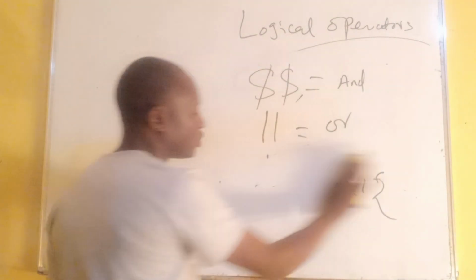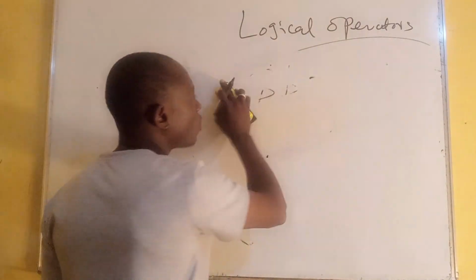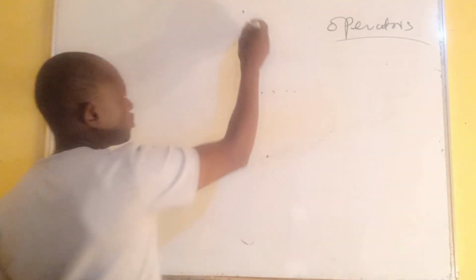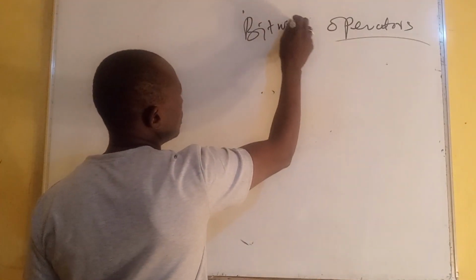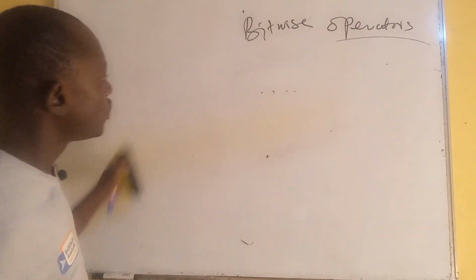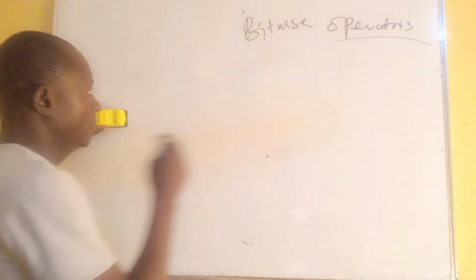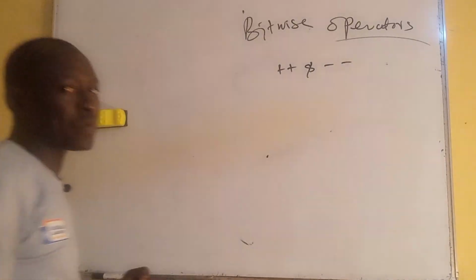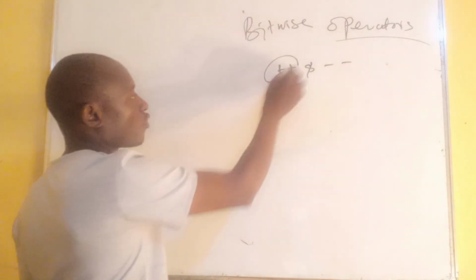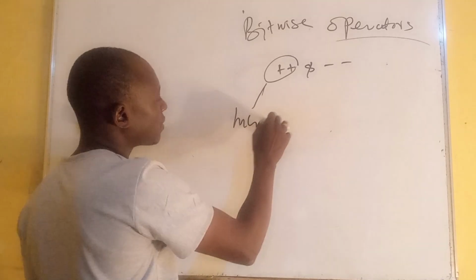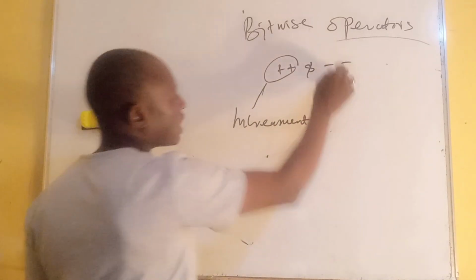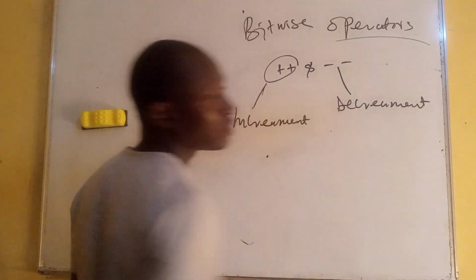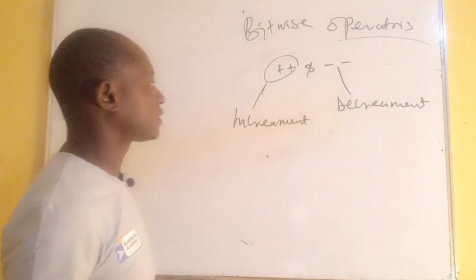The last operators we have in the list are the bitwise operators. So here we are going to look at this and then this under bitwise operators. This is used for increment, and this is used for decrement. This for increment, this is for decrement.